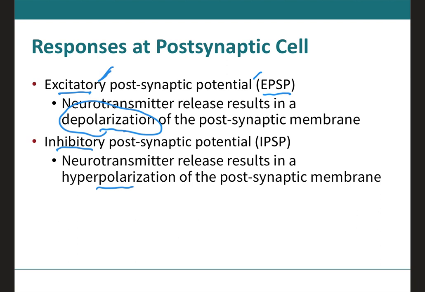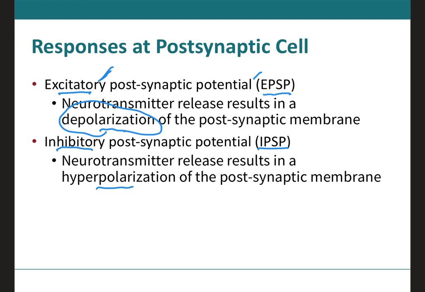During hyperpolarization, the generation of the action potential is going to be more difficult than usual because the membrane potential becomes more negative inside and therefore even farther from threshold than it is at the resting state. So a hyperpolarizing postsynaptic potential is called an inhibitory postsynaptic potential, or IPSP.